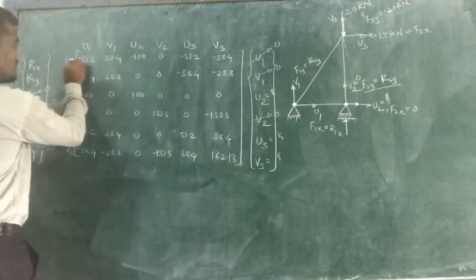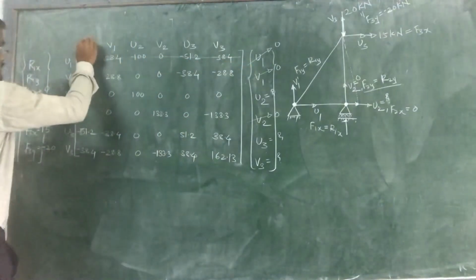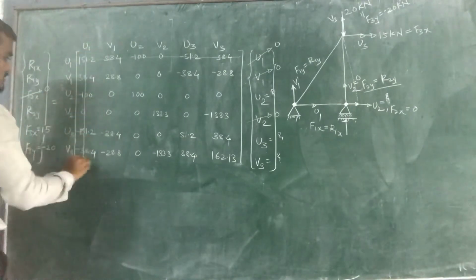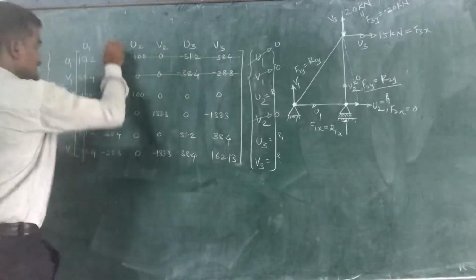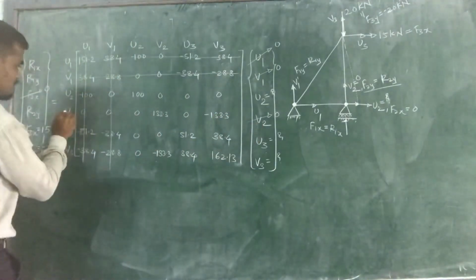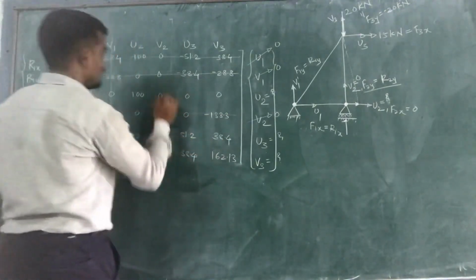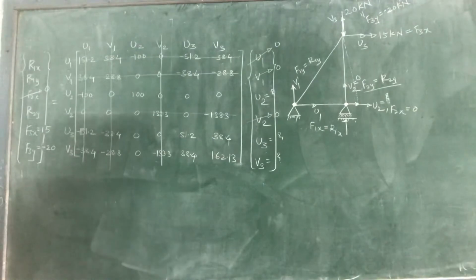So we will eliminate these rows and this column, similarly the V1 row and V1 column, and the V2 row and V2 column.